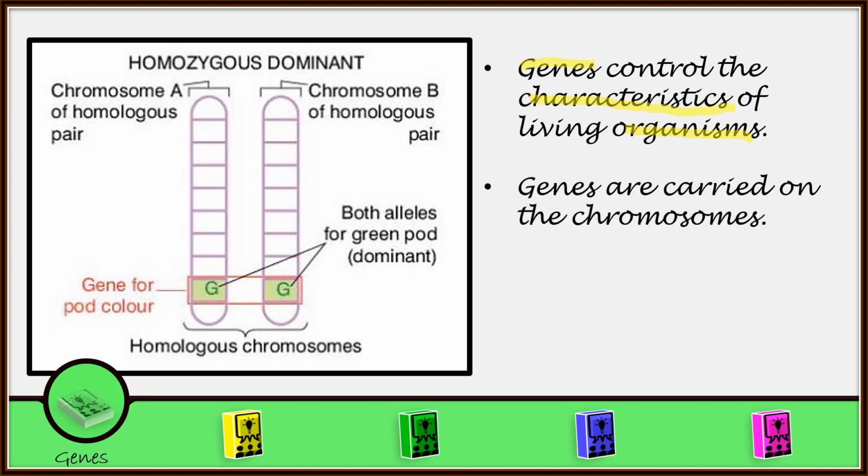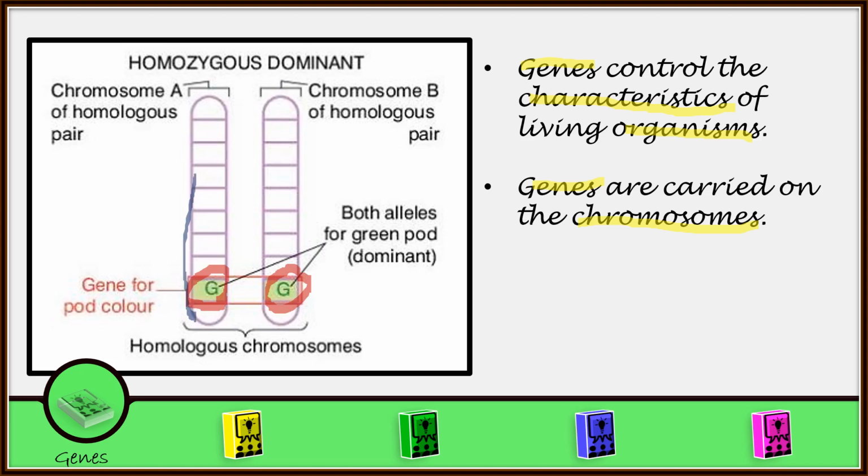The genes, these ones are carried on chromosomes. So our genes, for example, this is a gene and this one is also a gene. These genes are carried on chromosomes.